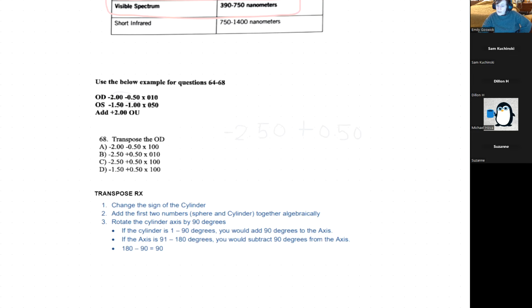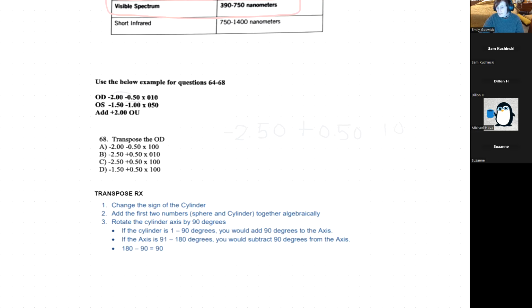We have to rotate the axis of the cylinder 90 degrees. That can get a little confusing at times, because remember that we only go from 0 to 180 with our axes. We don't go to 190 or 210. We start again at 0 if it gets past 180. In this case we're not going to get past 180, so we're going to add 90 to this, and we would be at 100.